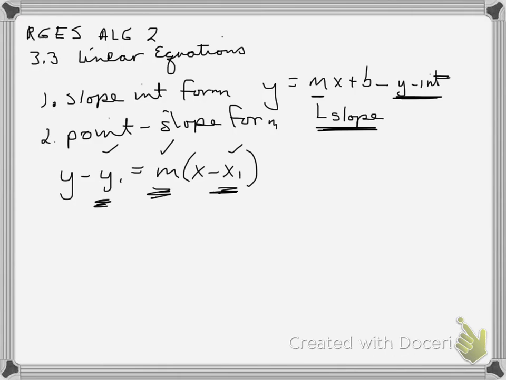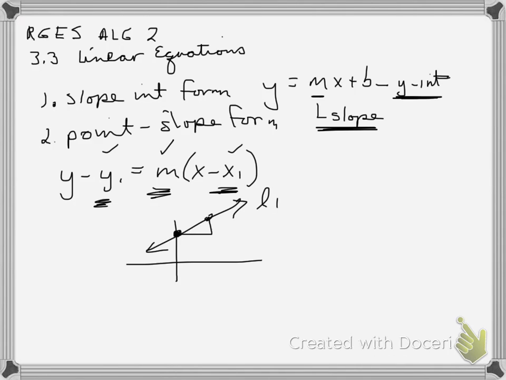And I'm trusting that you understand that if I have any point, like where it crosses the y-axis, and I know the slope, the run and the rise, then I can have a line.